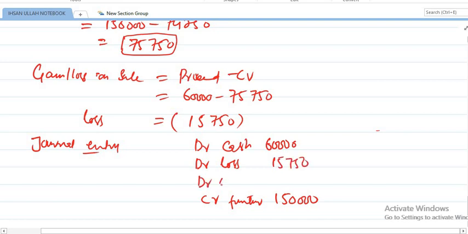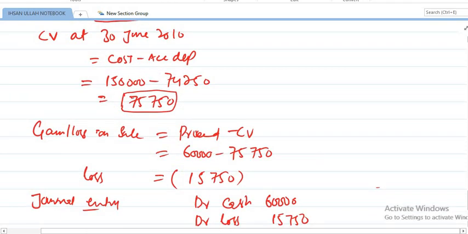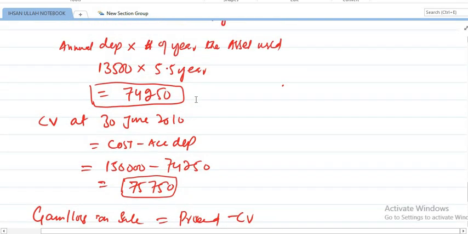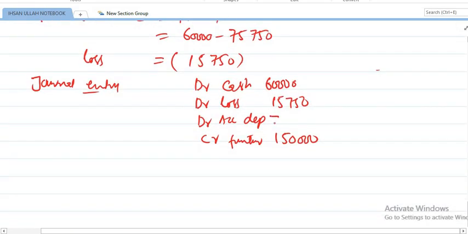And then again we have accumulated depreciation to be debited, and that was, if you remember, 74,250. So the whole debit amount should be 150,000, and the credit is also 150,000.